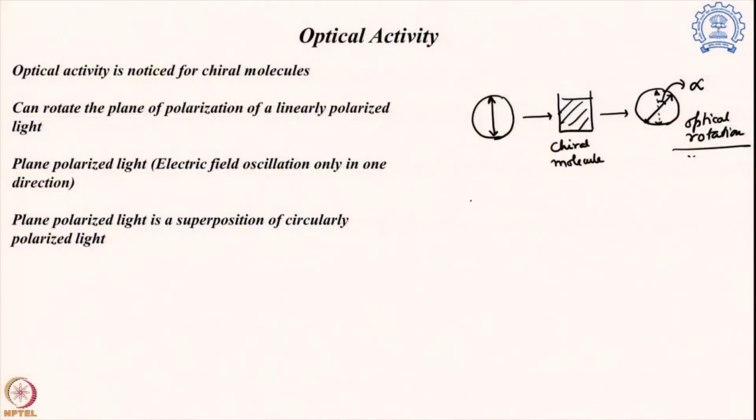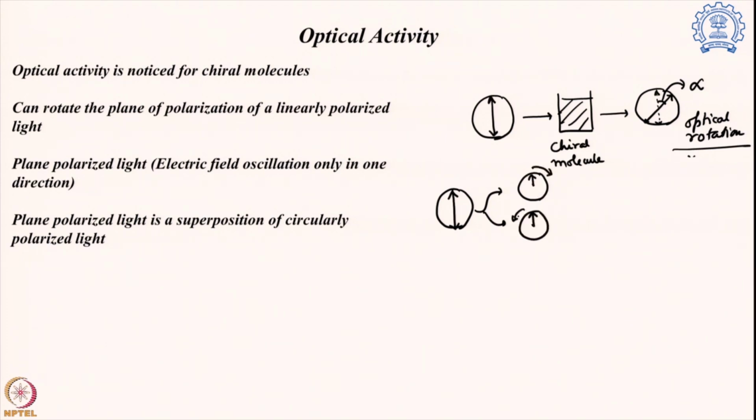Now the question is, how do we analyze this optical rotation? For that we have to go into a little more detail, where we will see that this plane polarized light is nothing but a combination of two circularly polarized lights, one which rotates on the right hand side, one which rotates on the left hand side.